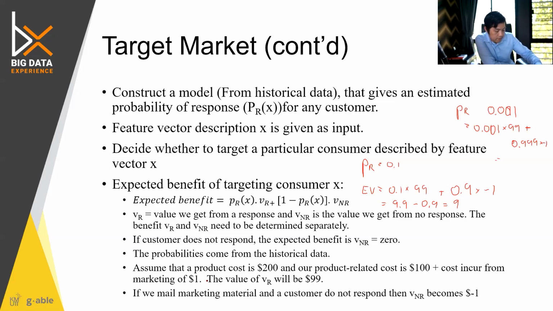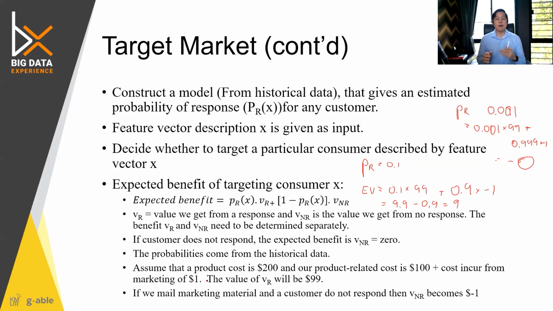Then this is some minus value here. That means if you send material to this customer, the expected benefit would be a loss. It will be minus. That would mean that you should not send the material. You should not target this customer, right?